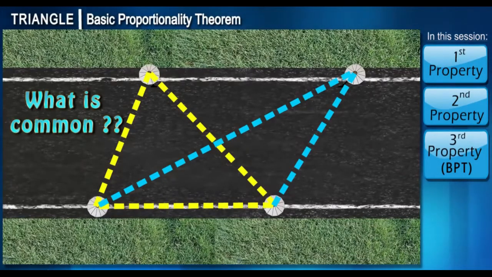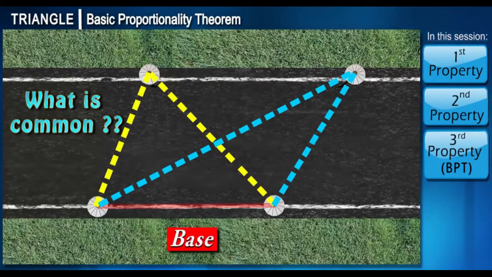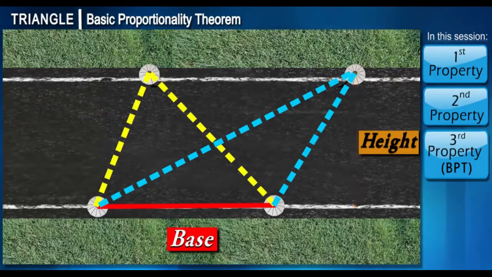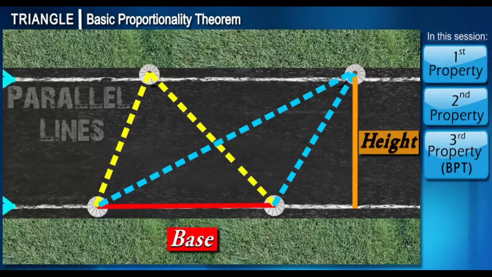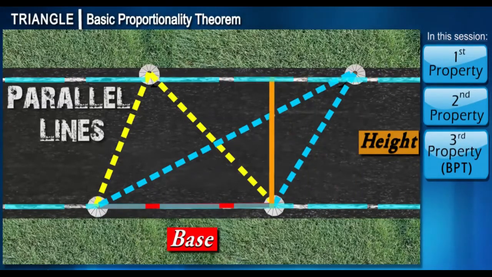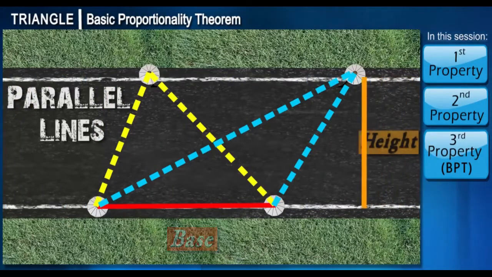They have a common base, and also a common height, because if we see the boundary of the road, these form parallel lines, and we know that the distance between two parallel lines is always constant. Therefore, height and base both are the same for these triangles.